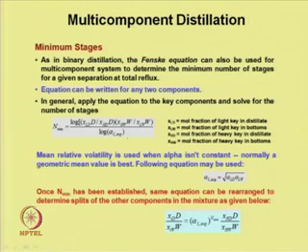Now, x_Ld is the mole fraction of the light key component in the distillate, x_Lw is the mole fraction of the light key in the bottoms, x_hd is the mole fraction of the heavy key in the distillate and x_hw is the mole fraction of the heavy key in the bottoms. Now, alpha_L average is the mean relative volatility.